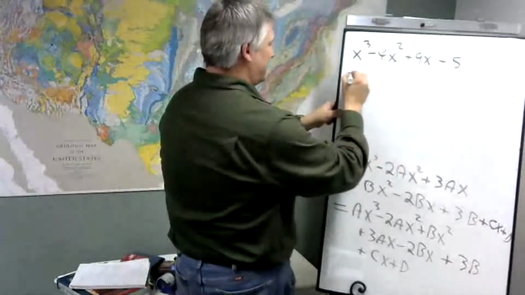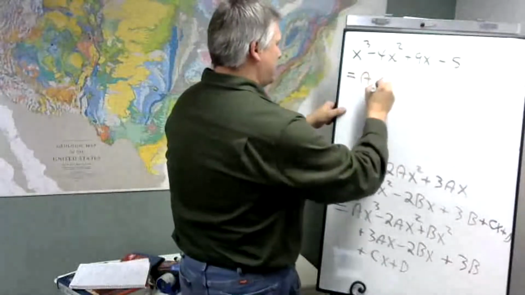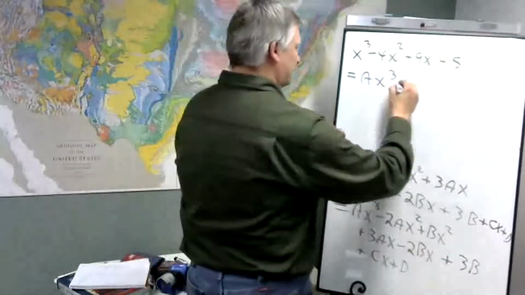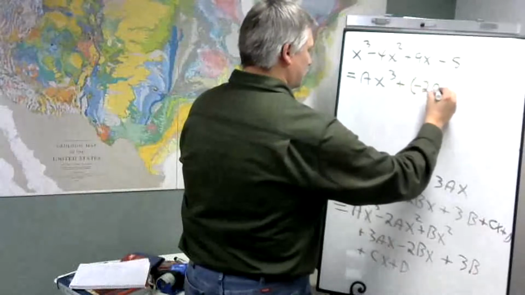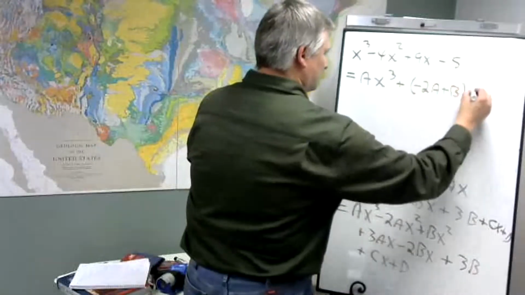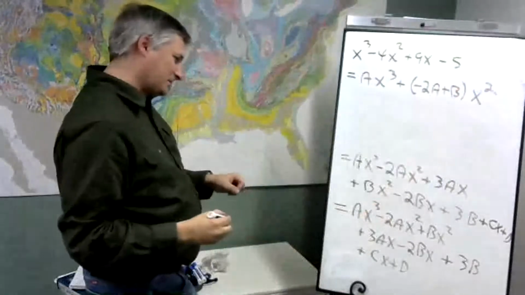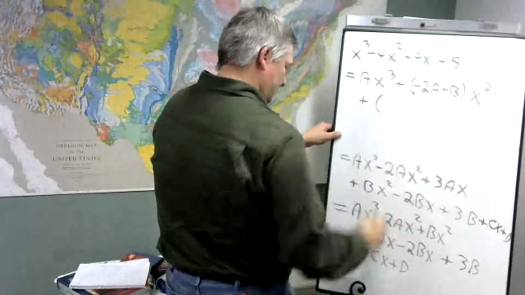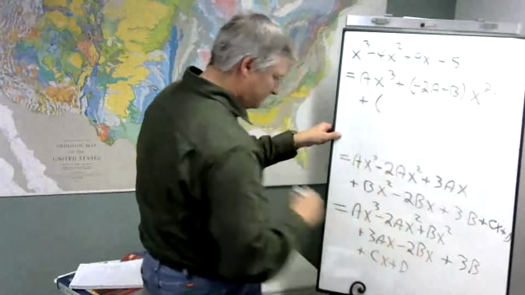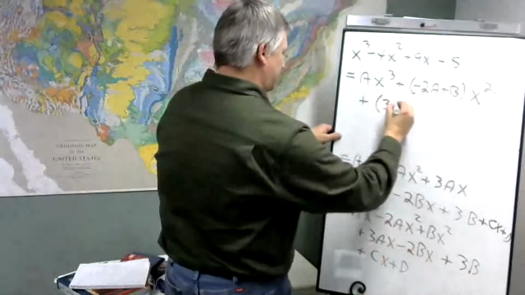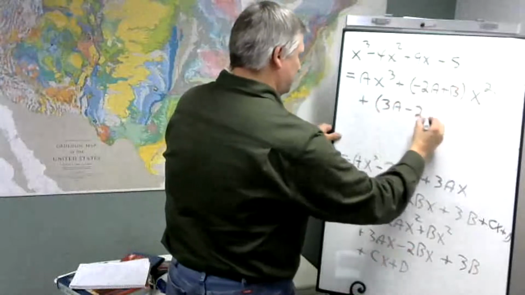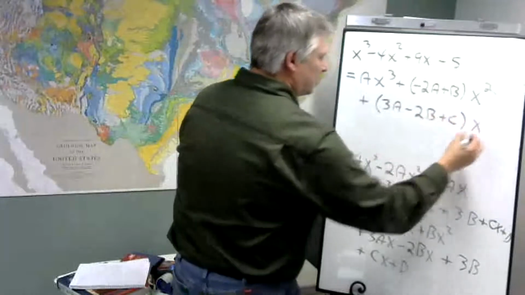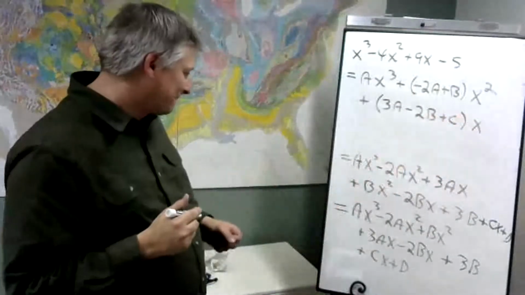So this means, let me gather like terms again. We got ax³. I can factor out the x² here. And then if I combine this cx, factor out the x from these terms, 3a minus 2b, add that c there. And those are all the x terms with the x factored out.